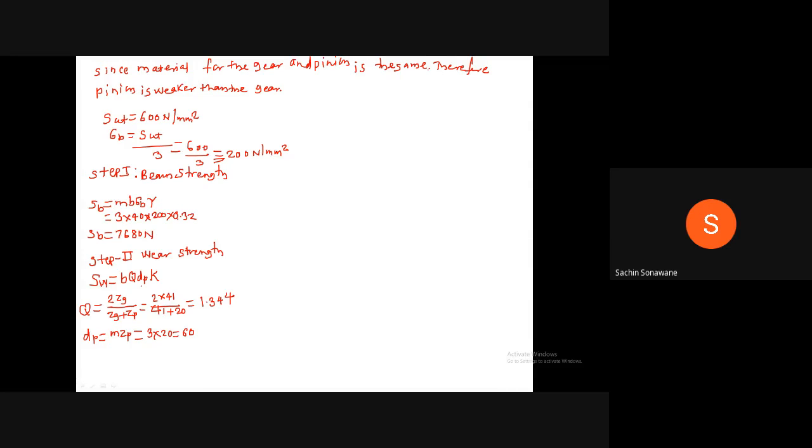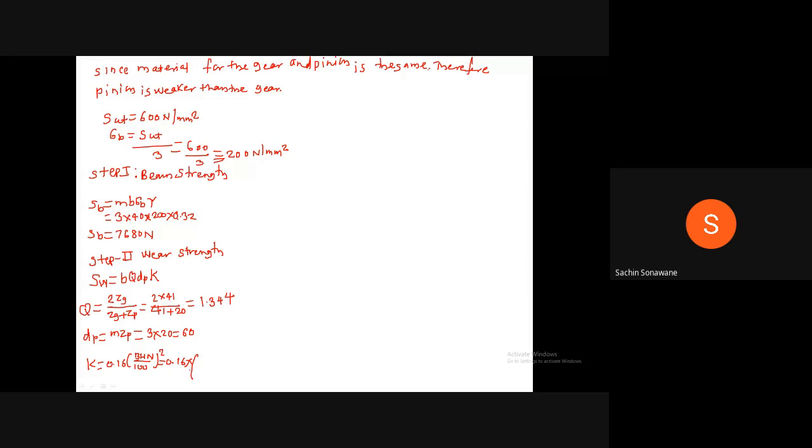Now we have to calculate the value of k. What is the formula of k? Yesterday we have seen k is equal to 0.16 into (BHN divided by 100) whole square. Therefore 0.16 into, substitute the value of BHN.